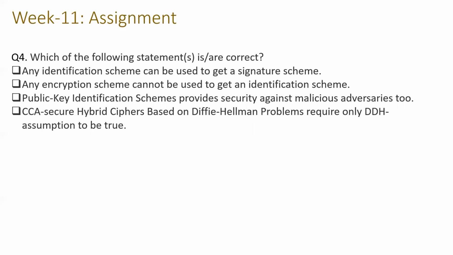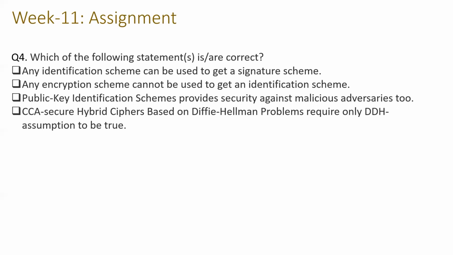In a signature scheme, you again need to do some kind of authentication. So the signer wants to ensure that whatever signature it provides with the message should be generated by an authenticated signer only. And the verifier wants to verify that the signature was indeed generated by some authenticated signer, right?